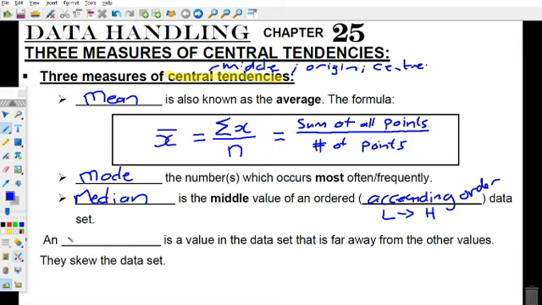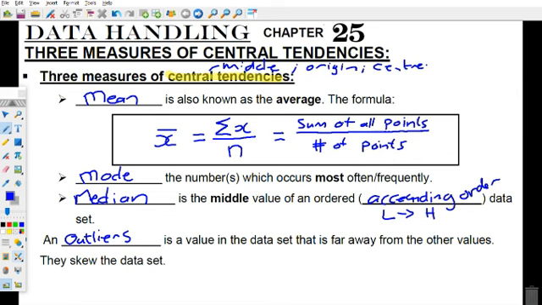What am I now called? I'm something that does not fit into the data. I don't fit into the age of the classroom, because everyone's 15 and now I'm 28. So I'm known as what's called an outlier. An outlier is a value in the data set that is far away from the other values.